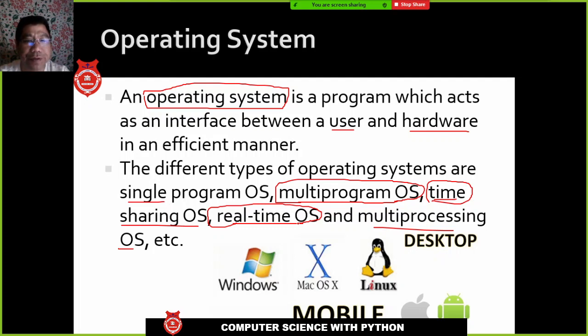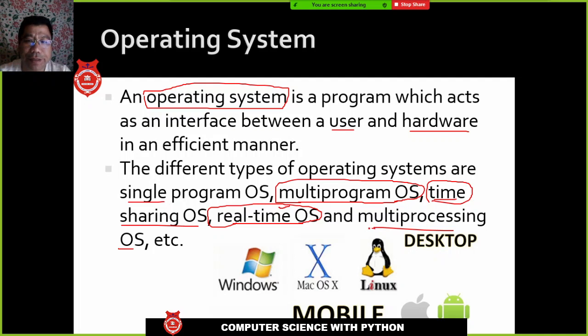For example, the operating system they use for flying an aeroplane or helicopter, those may be real-time operating system. If the operating system says some error message, everything will be bad, right? So those types of operating system, critical operating system applications, operating system used for critical operations are real-time operating system.